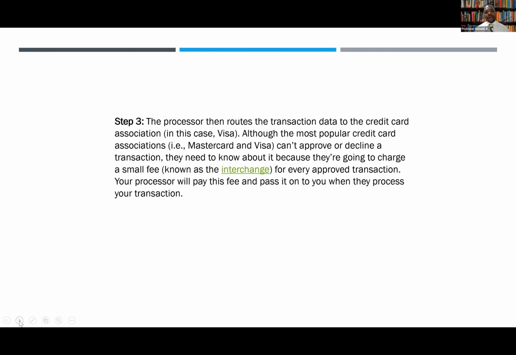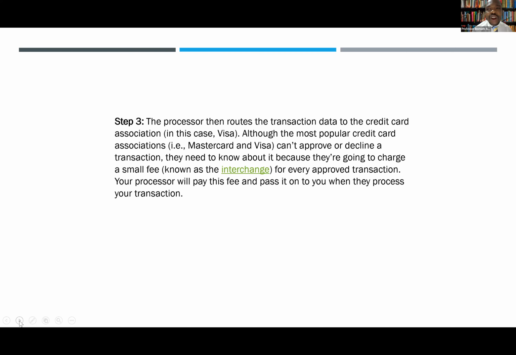Although the most popular credit card associations, MasterCard and Visa, can approve or decline a transaction. They need to know about it because it's going to charge a small fee. And that's what I said, it's not for free, known as interchange for every approved transaction. Your processor will pay this fee and pass it on to you as they process the transaction.